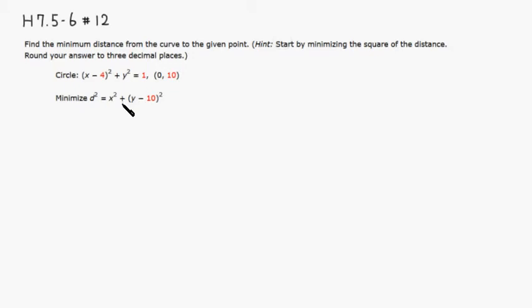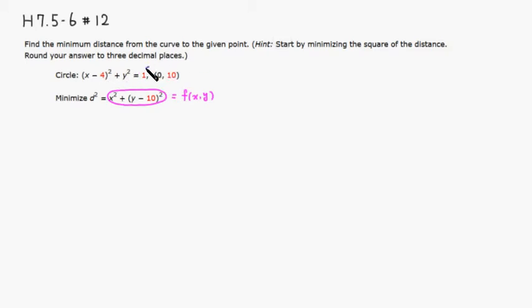Since we're trying to minimize, this is our f of x comma y, right? And this constraint, I'm actually going to have to rewrite it.